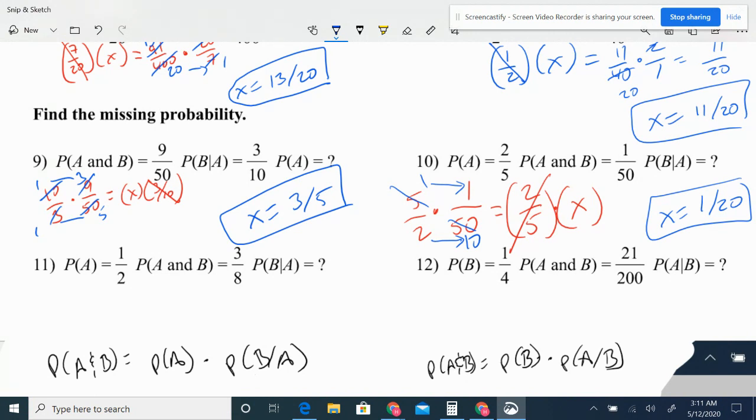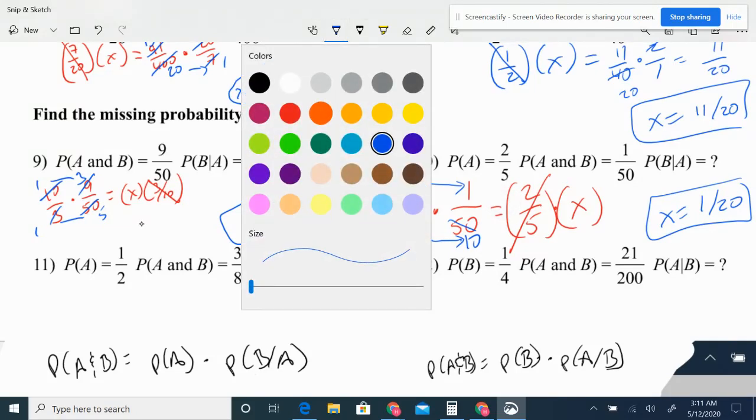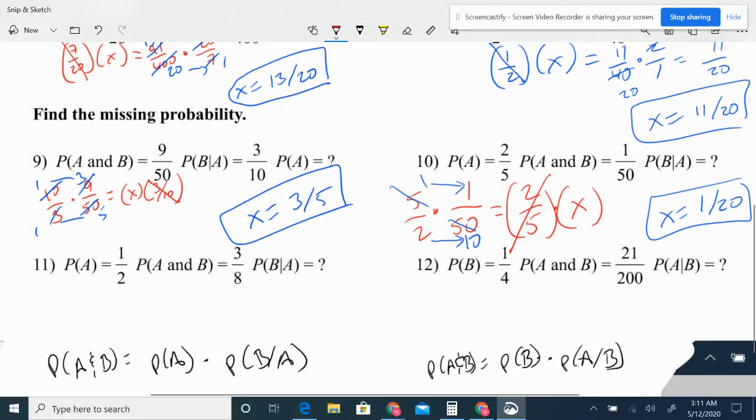All right, let's take a look at question number 11. I'm given probability of A, so I'm going to be using the first formula. So I have probability of A and B is 3 over 8. Probability of A is 1/2.